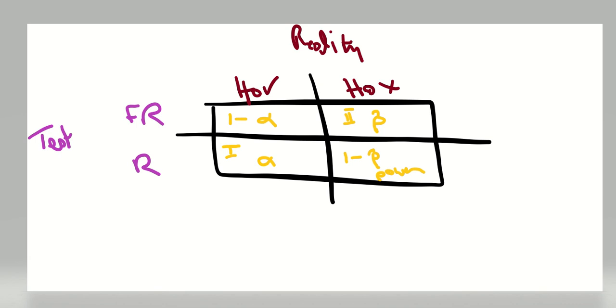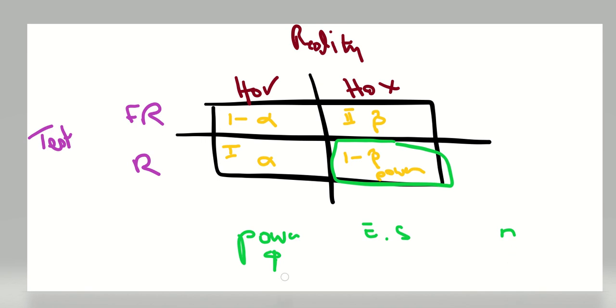Okay. And what I did previously in another video is that I told you that this power is related to effect size, and also to sample size. I told you that the higher the sample size, the higher the power. This is how we linked power to sample size.